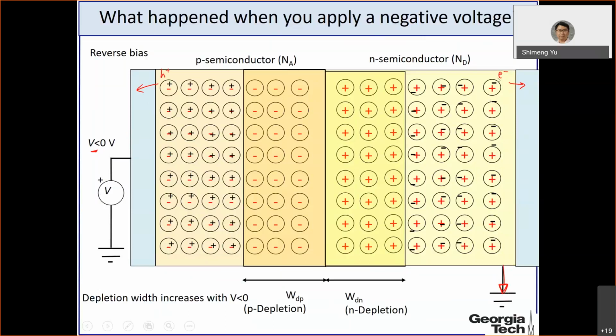So electrons tend to move out. That means you are going to move out the holes from here and the electrons from here. As a result, the depletion width will further increase. This is opposite to the forward bias, where the depletion width decreases. Now the depletion width increases in the reverse bias.